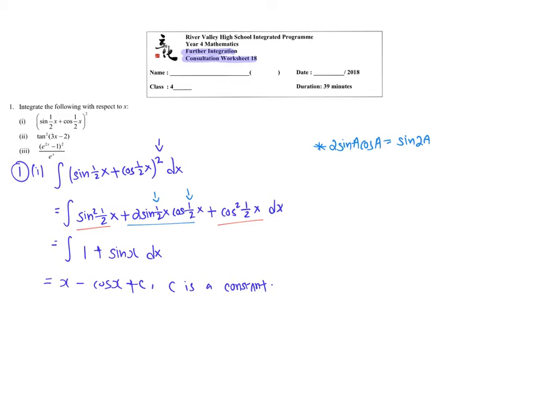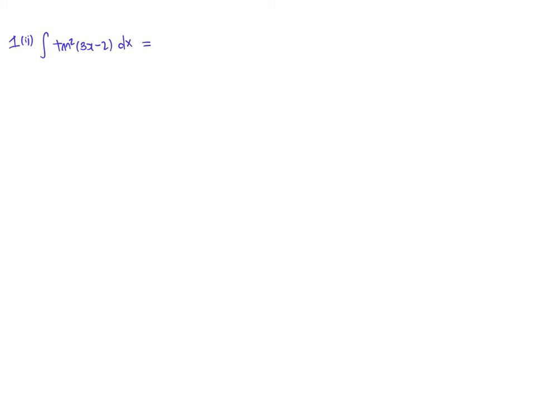So that will be part 1. For part 2, we are supposed to integrate tan²(3x − 2). As we all know, in chapter 8 and the earlier part of the chapter, we have not learned how to integrate tangent squared immediately. So what we need to do is to apply, again, our trigo identity.